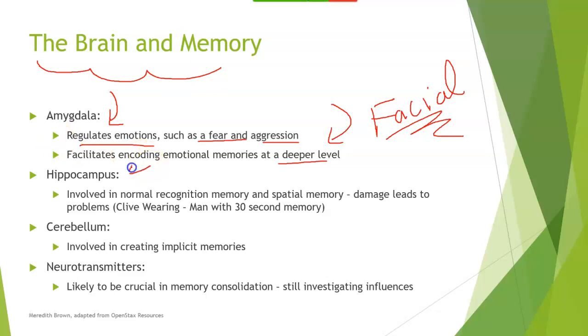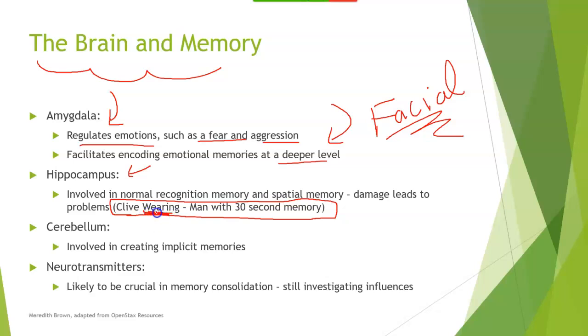The hippocampus, I like to say that elephants have good memories, but the hippo never forgets. So this is involved in recognition memory and spatial memory. Damage leads to severe problems. Go ahead and Google or YouTube Clive Wearing, man with 30-second memory.